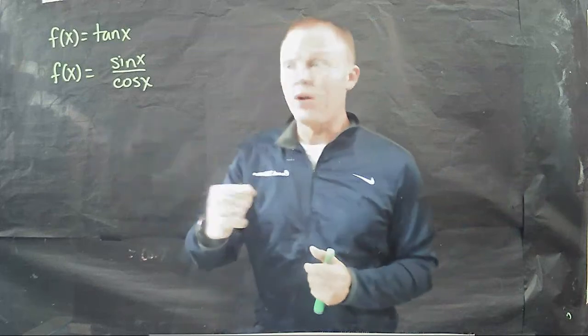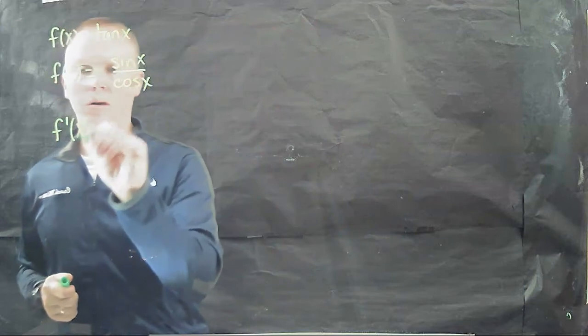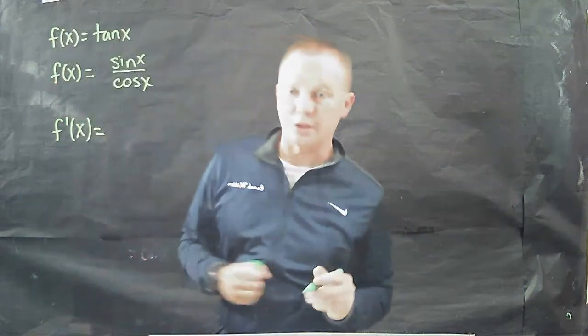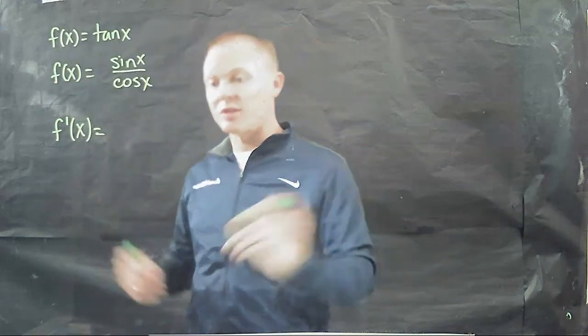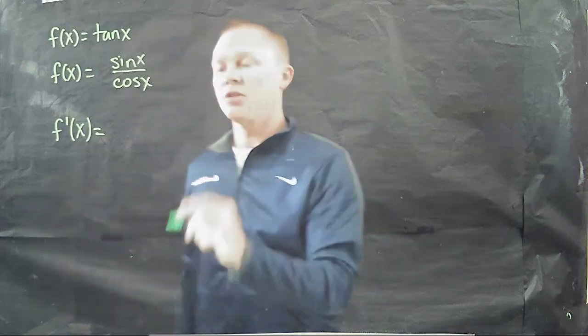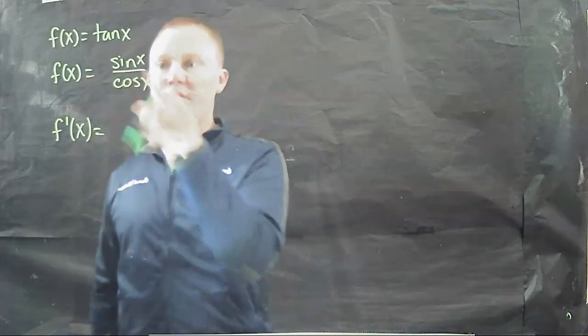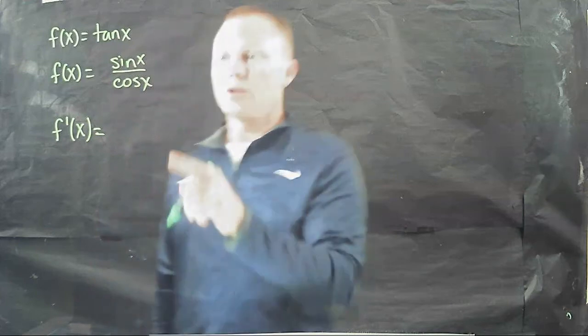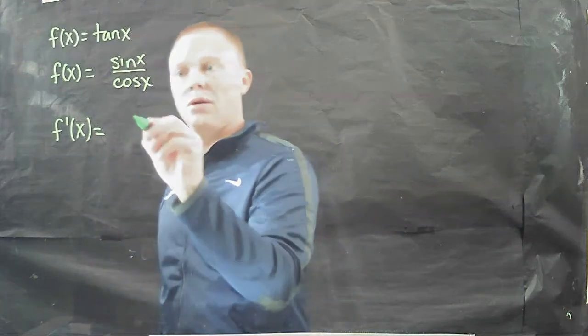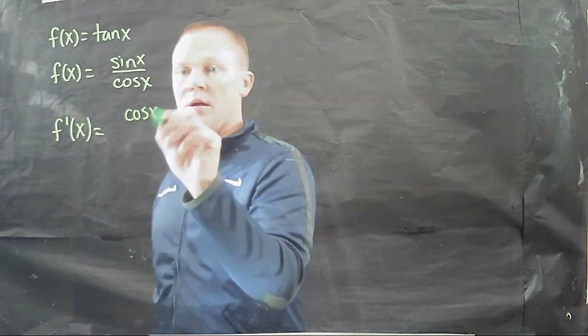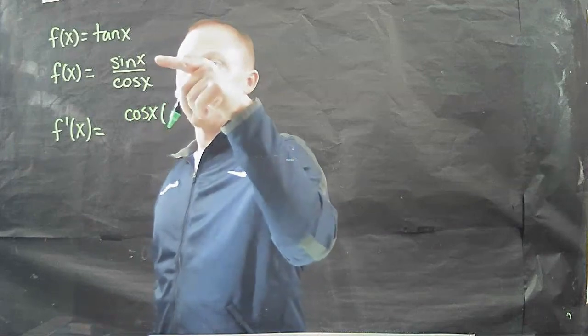Okay, so now we're going to take the derivative of this. And how are we going to do it? Hopefully you're mumbling to yourself, the quotient rule. Yeah, that's exactly right. So we're going to take the derivative using the quotient rule. Low, D high. What's the derivative of sine of x?